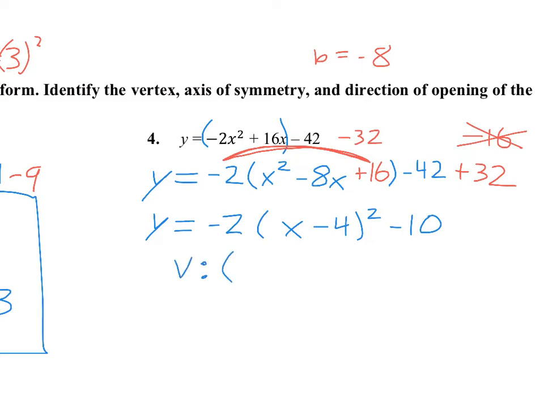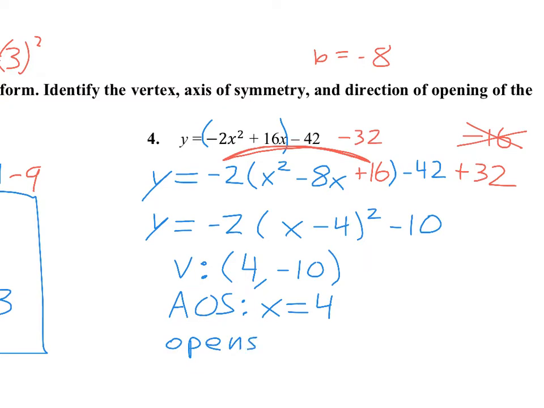We do opposite of the -4. Then we keep the -10 the same. They also want the axis of symmetry. So that's going to be x equals 4. And looking at the a value is -2. So this parabola opens down.